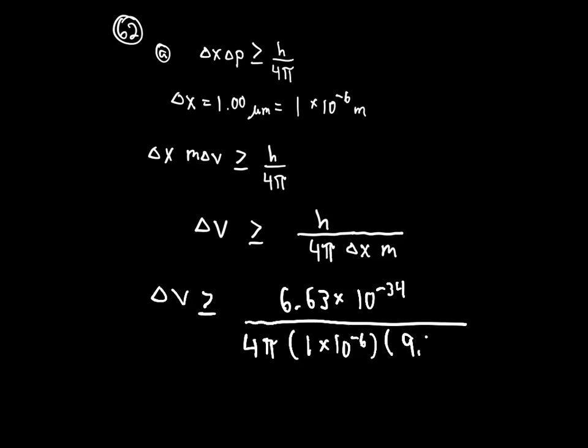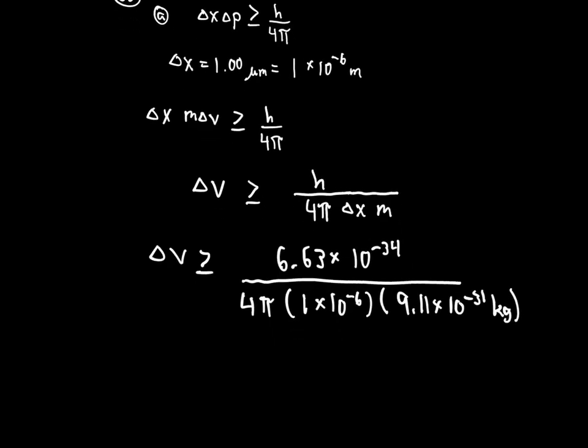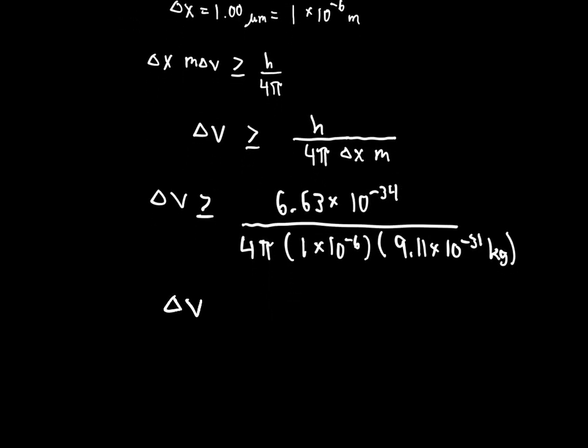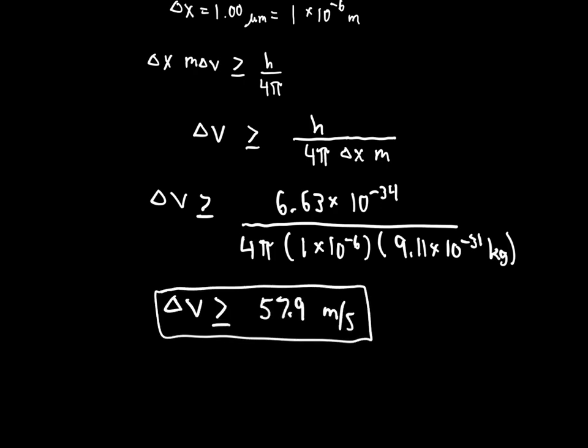Mass of an electron, which is 9.11 times 10 to the negative 31. How do we know it's the mass of an electron? That's what the problem says. It says it's an electron. So delta v is greater than or equal to, multiply this all out, and you'll find 57.9 meters per second. Delta v.